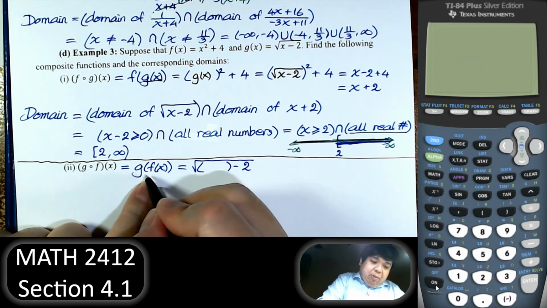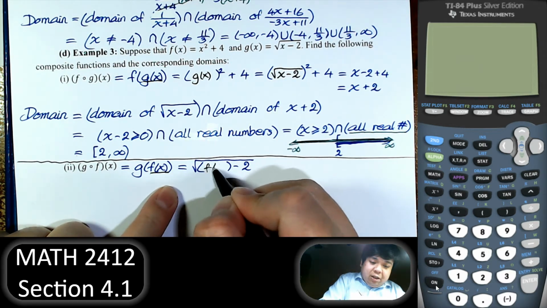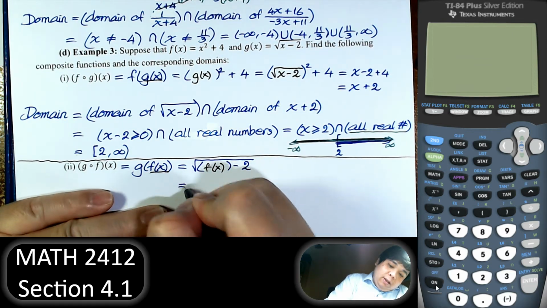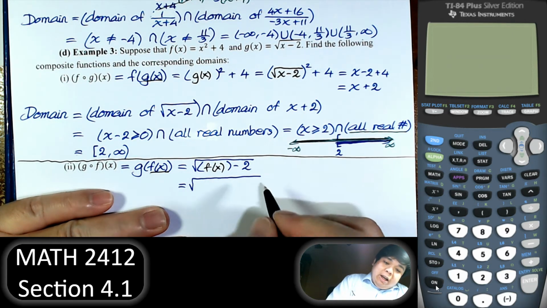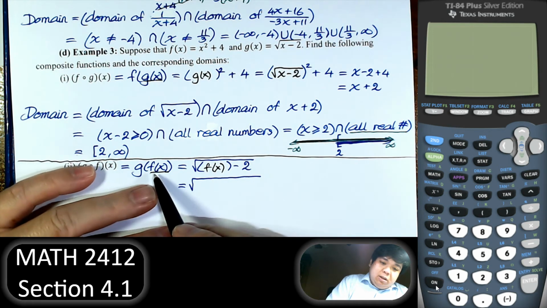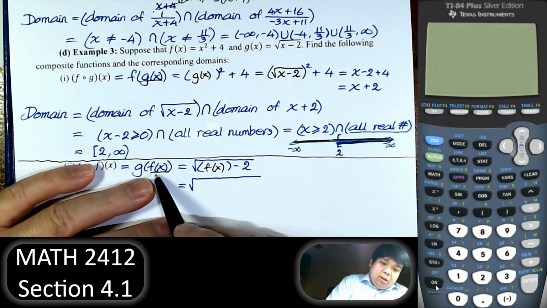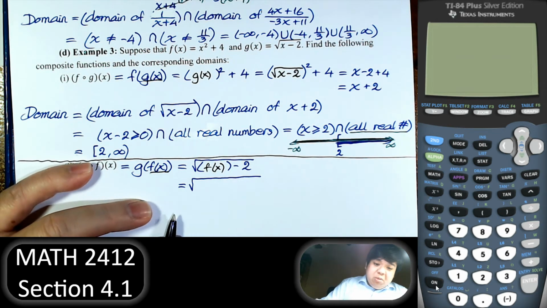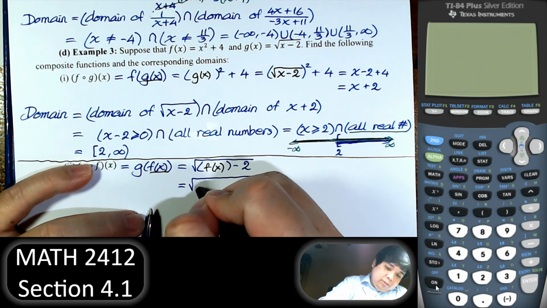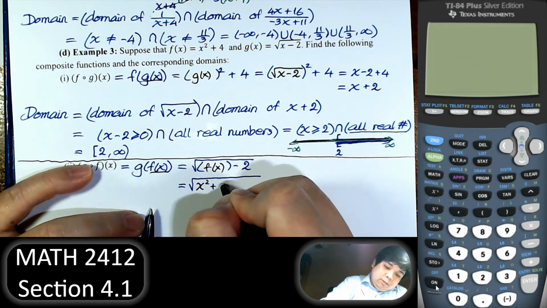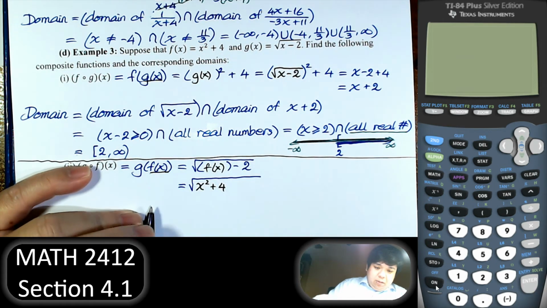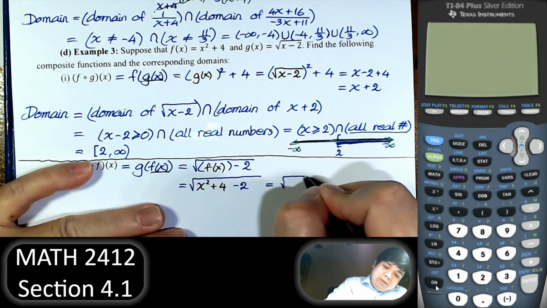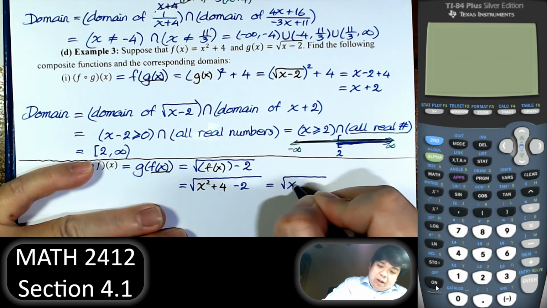But if it is f of x, then it has to be f of x, like that. So I have the square root of f of x, that is x squared plus 4, and then minus 2, which gives us the square root of x squared plus 2.